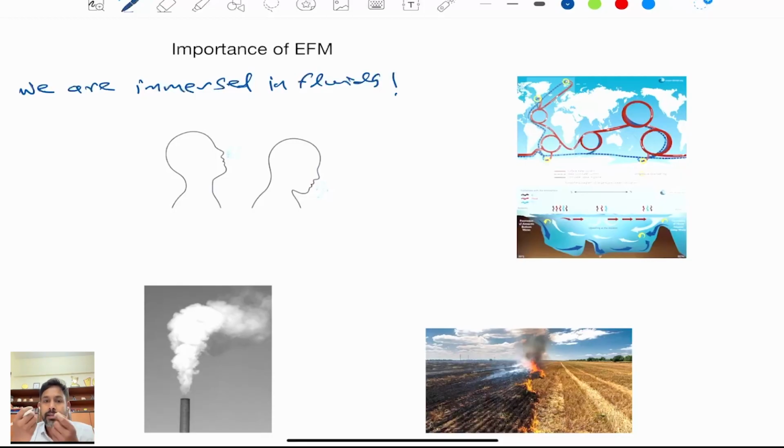And in the next moment when we breathe in, we are not actually breathing in the same thing that we just breathed out, right? So what we are breathing in is different from what we are breathing out, and that is happening because there is a naturally driven flow at all times, right? And that is happening because there is a temperature difference or pressure difference, or this concentration difference, right? So this difference in temperature, pressure, or concentration is driving that naturally driven flow, right?